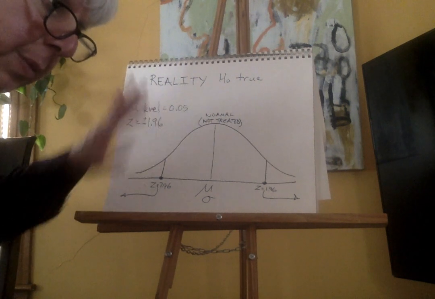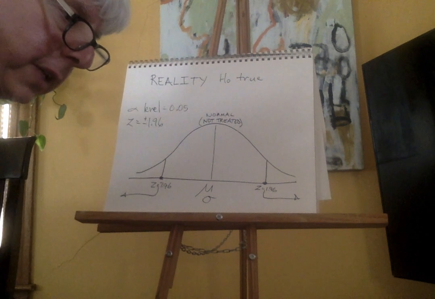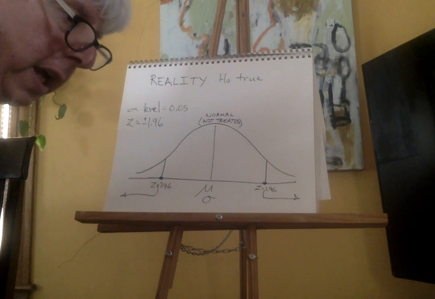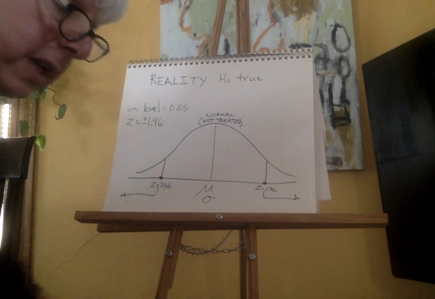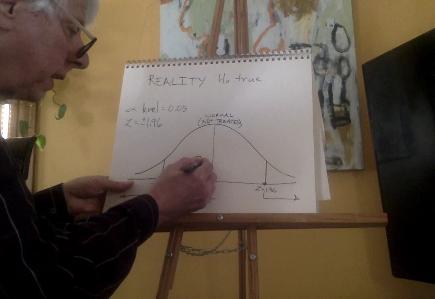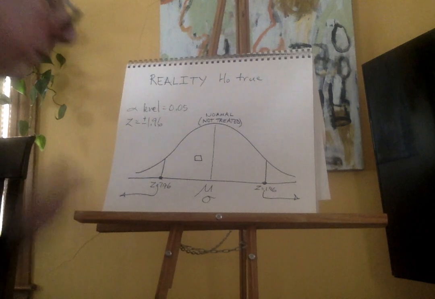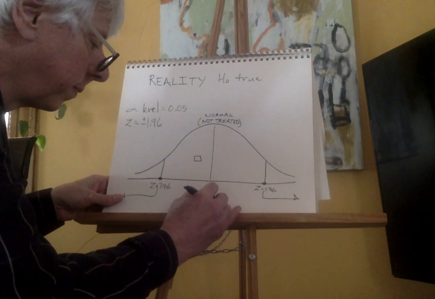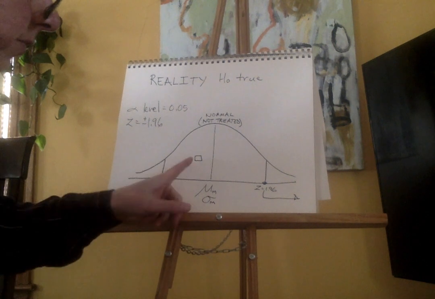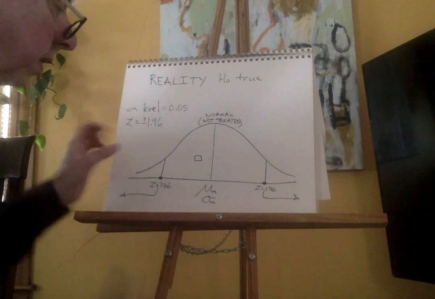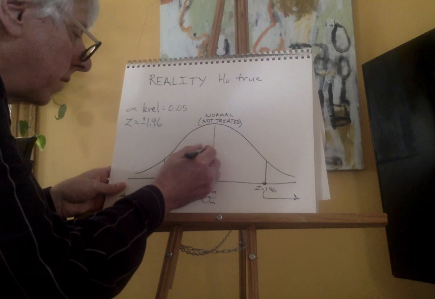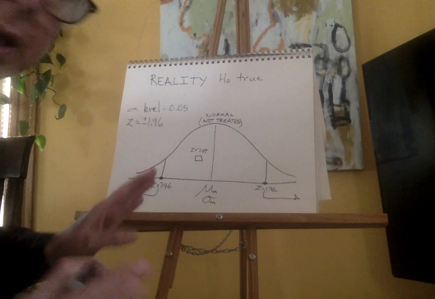So here's God. We're playing God. We know what reality is. The poor researcher is doing the work, okay? And she does some kind of a treatment and ends up getting this sample, okay? Let's do a sample distribution here. If the researcher gets this sample, so this is a z-score, let's say, of minus 1.07, just making that up, folks, okay?